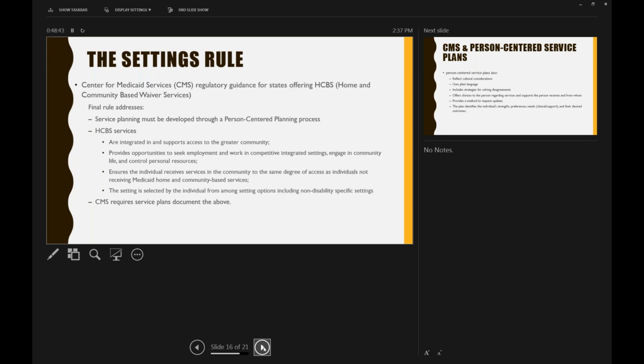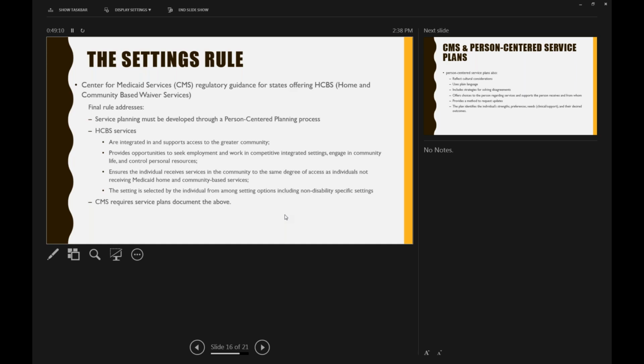And their final rule, which I'm sure most of you are familiar with, addresses that service planning must be developed through a person-centered planning process, and that the services are integrated in and support access to the greater community, provide opportunities to seek employment and work in competitive integrated settings, engage in community life and control personal resources.